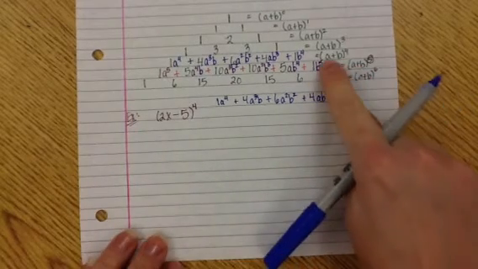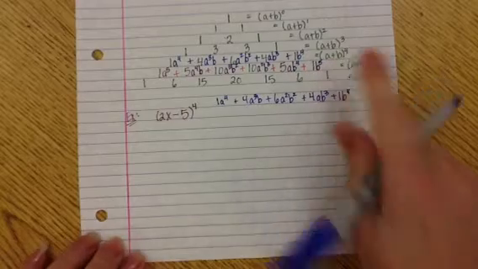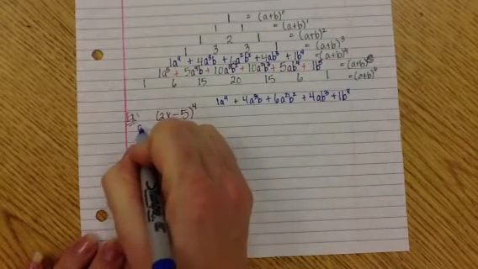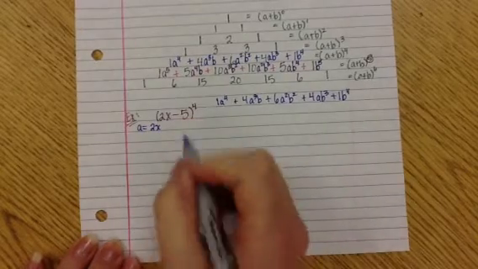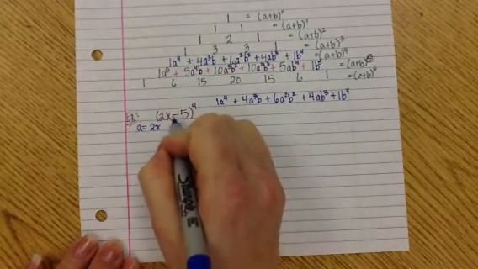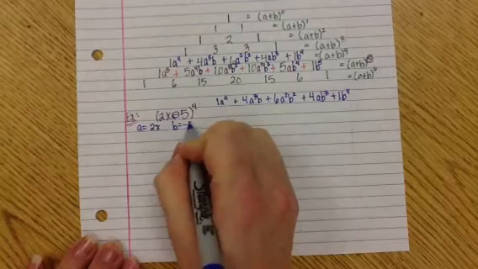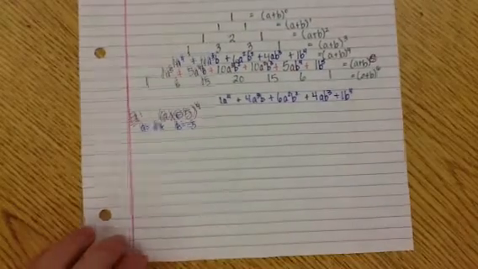In this binomial it says a plus b to the fourth. So what I need to pay attention to is that a is going to still be that first term, 2x, but this time I need to watch this negative. B is actually negative 5.